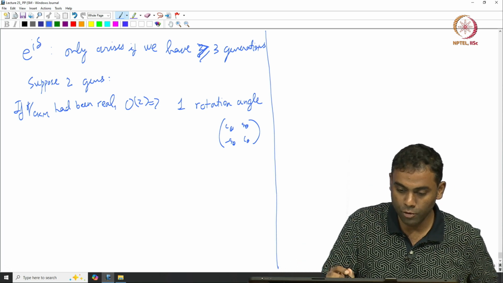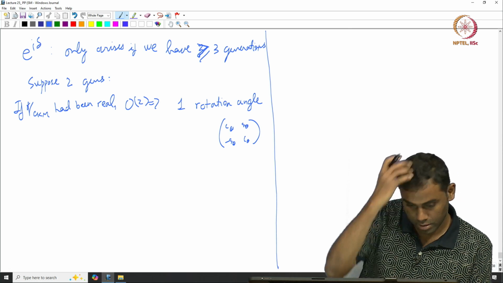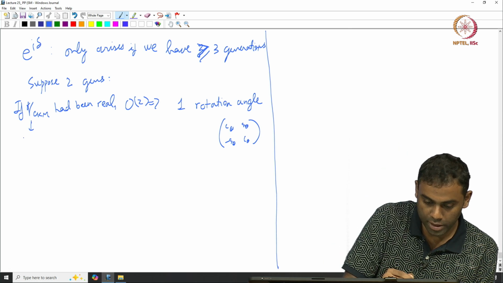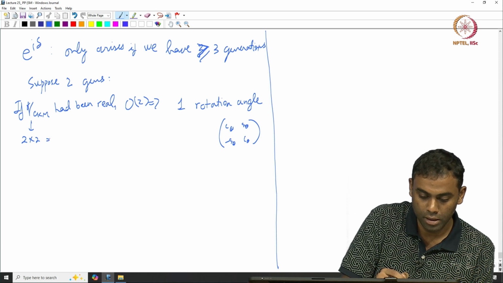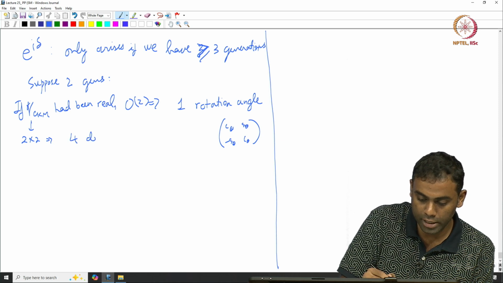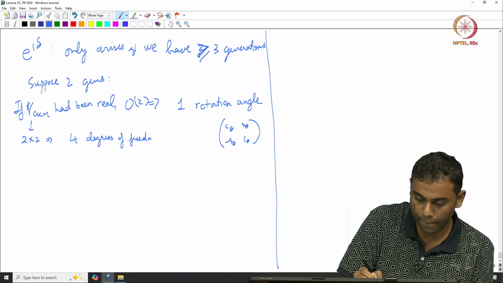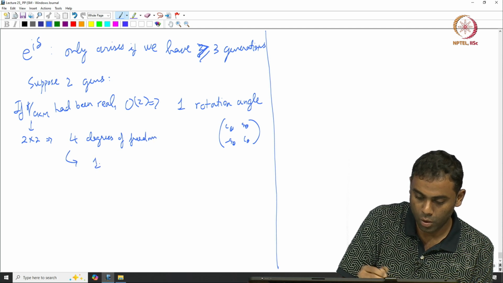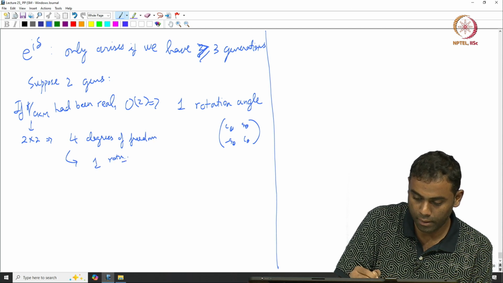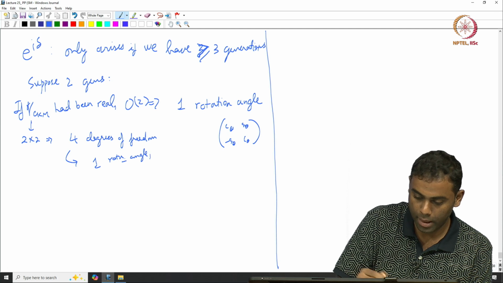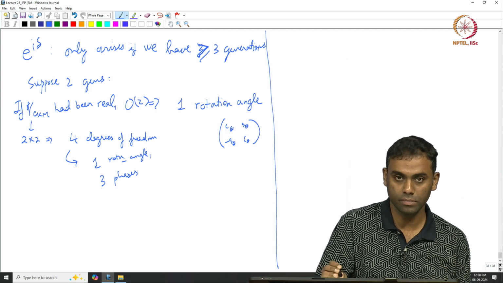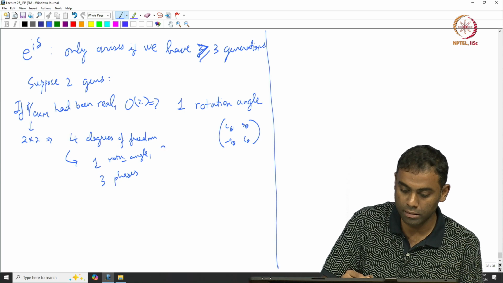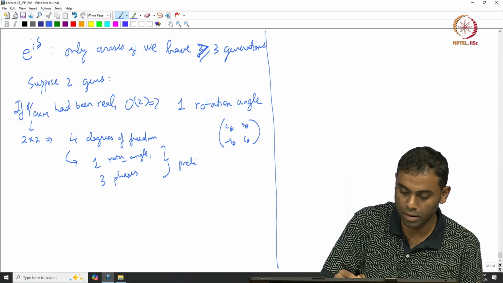So, that would mean since the CKM matrix would have been a 2 by 2 matrix and since it is unitary, I start with 4 degrees of freedom, out of which 1 is a rotation angle and 3 are complex phases. But again this is a preliminary census.